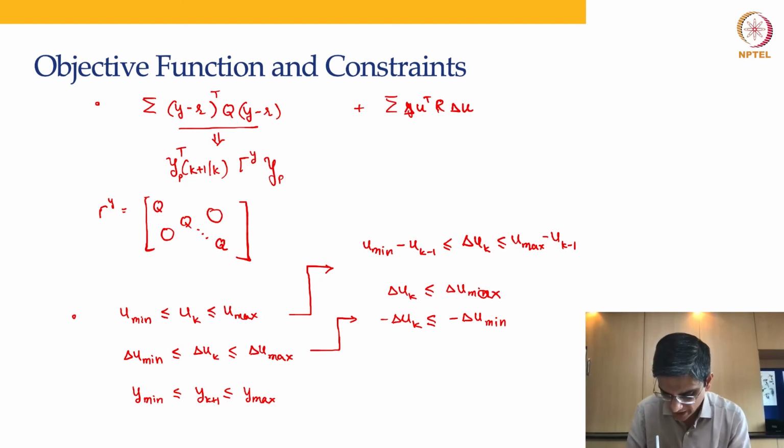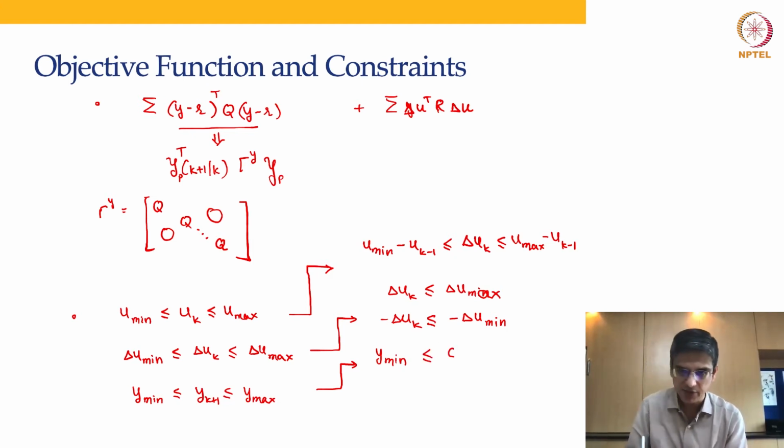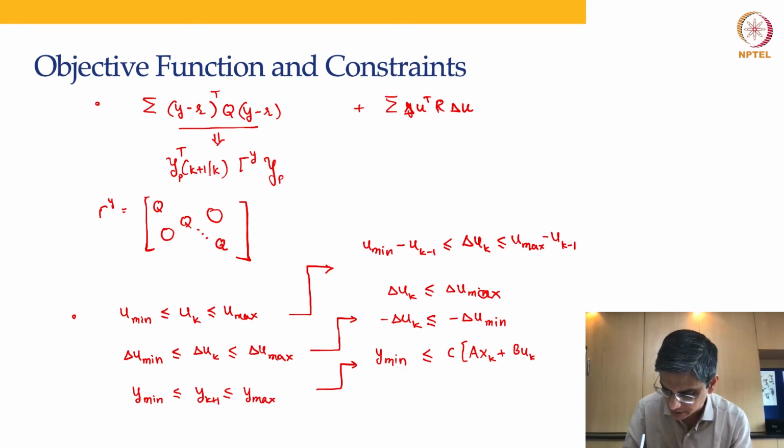Now y_{k+1} is going to be y min less than or equal to C times x_{k+1}, and x_{k+1} is A x_k plus B u_k plus B_d d_k, okay, less than or equal to y max.